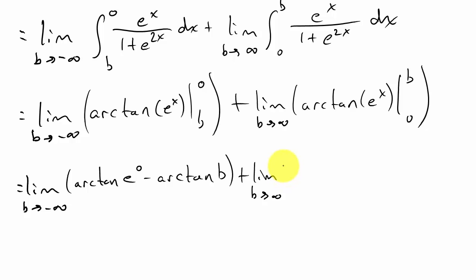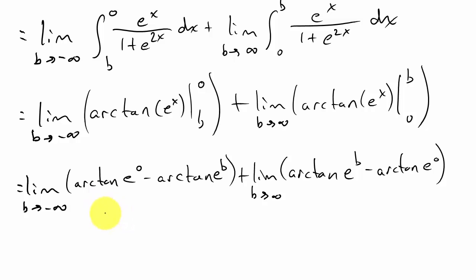Wait, I messed up here too, didn't I? We have to plug the b in, so that would be e to the b. And then here we have arctan e to the b minus arctan e to the 0. Alright, now I think we've got that straightened away.